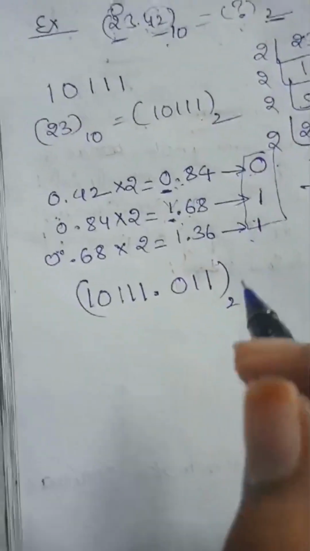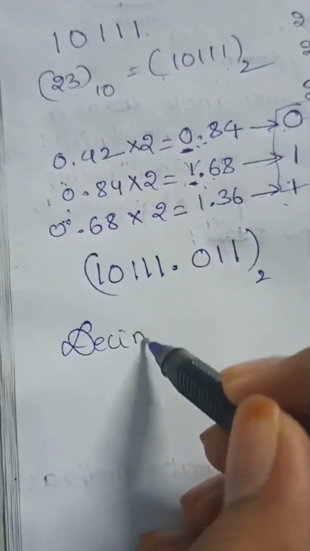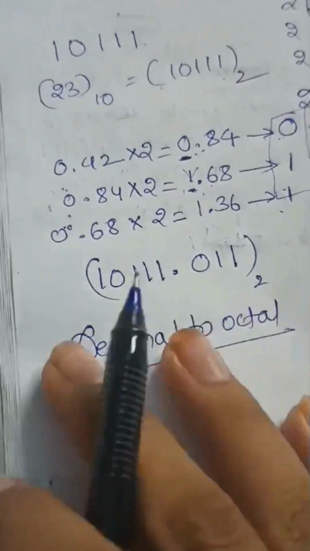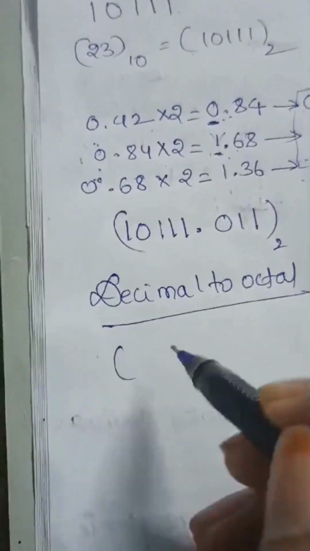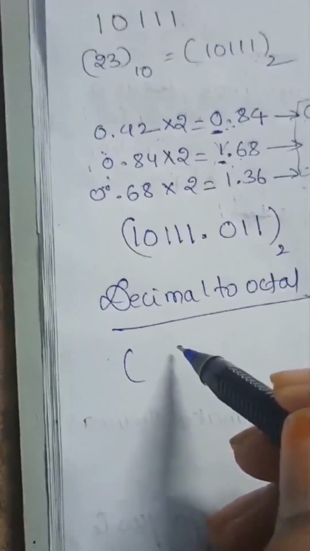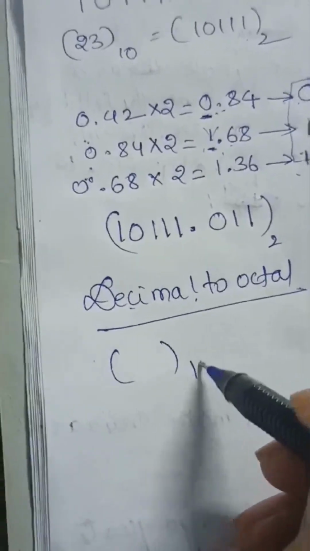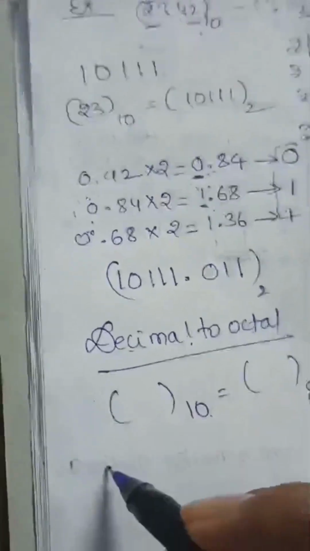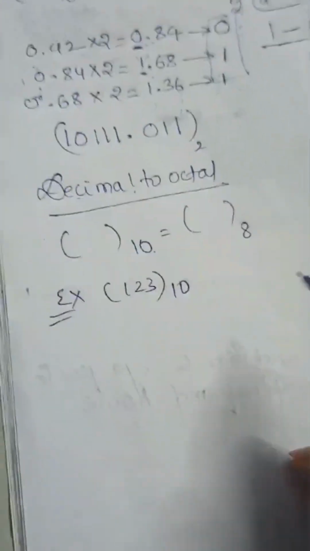Now let me explain another conversion, the decimal to octal conversion. Now let me take a brief example. Before considering an example, the decimal base is 10. To convert decimal into octal, consider an example 123 to the base 10.